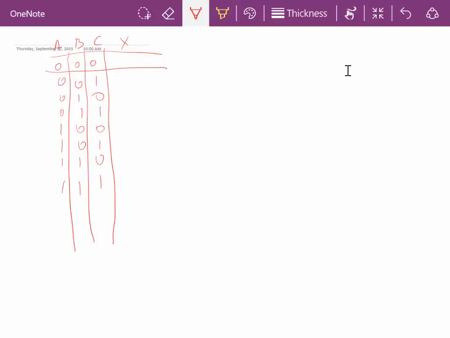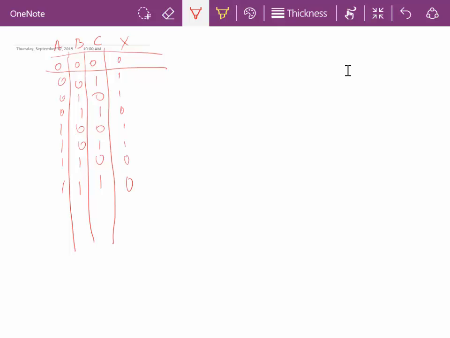Okay, and we look at our output, and I'm just going to put random ones and zeros down. I'm just saying this is any truth table that you're given and you're asked to come up with a circuit for. The easiest way is I'm going to write 1, 1, 0, 1, 1, 0, 0 right there.